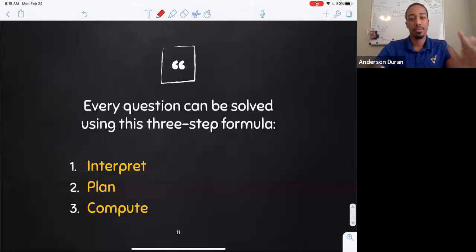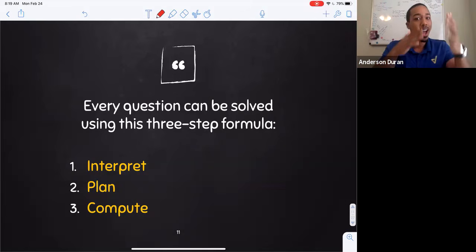Think about real life. In every situation, in every problem or challenge that you face, the best thing to do is to first interpret the situation, to understand what's going on and what the problem actually is. Once you understand what the problem is, then you think of a solution, how you can move beyond this struggle.